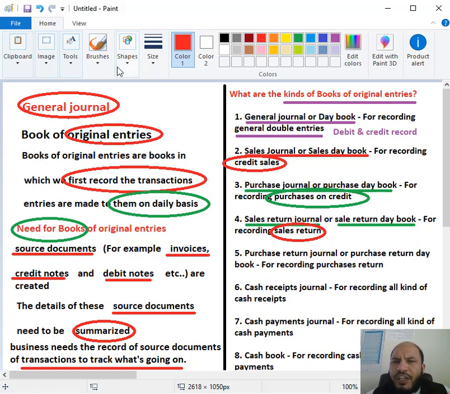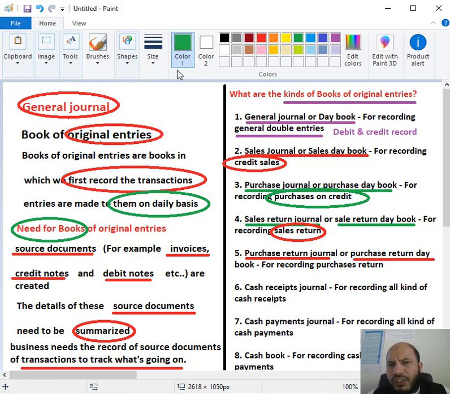At the same time, we have another type of journal, or book of original entry, which is called the purchase return journal. We may also call it the purchase return day book. So what type of book is it?